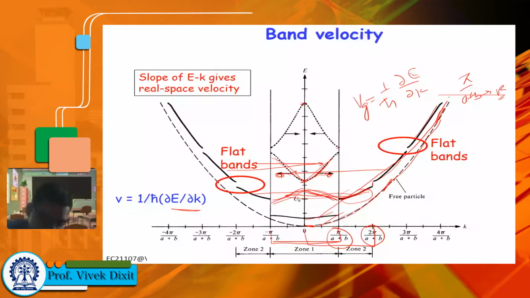You understand? It is increasing here, π/r to 2π/r, but this change is the same as −π/r to 0 when we translate it to the Brillouin zone. So it appears that this k is increasing here, and the magnitude is decreasing here.